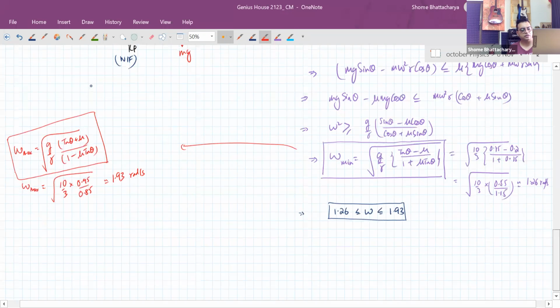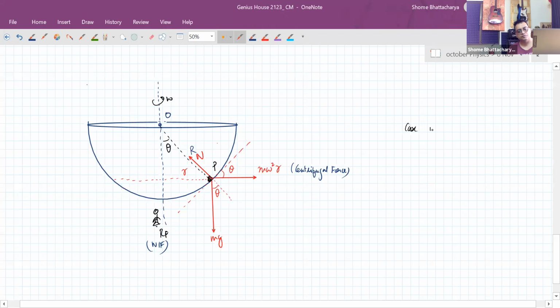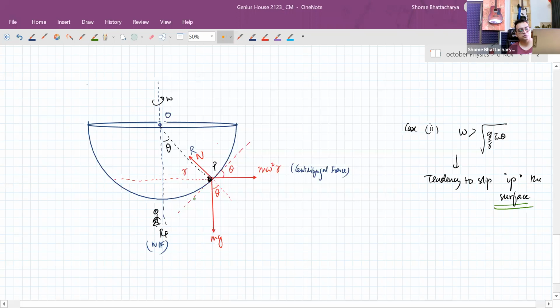So if we do this in detail, see here that now if we take the second case, if omega is greater than root g by r tan theta, then there's a tendency to slip up the inclined plane, or up the surface. Because there's a tendency to slip up the surface, the direction of friction will have to support mg sine theta, so it will be like this.